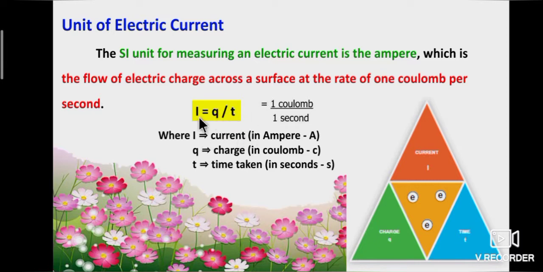Here I is current, unit is ampere. Q is electric charge, unit is coulomb. T is time taken, unit is seconds. So the unit of electric current is coulomb per second.